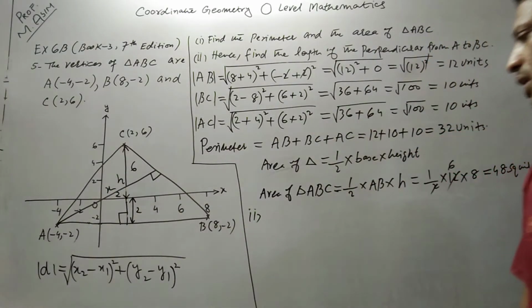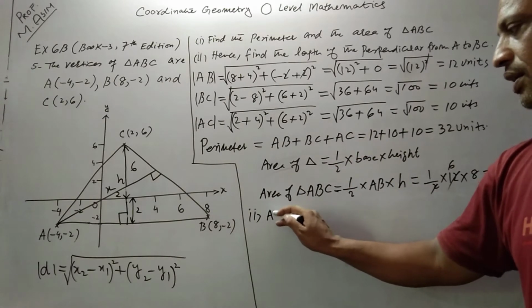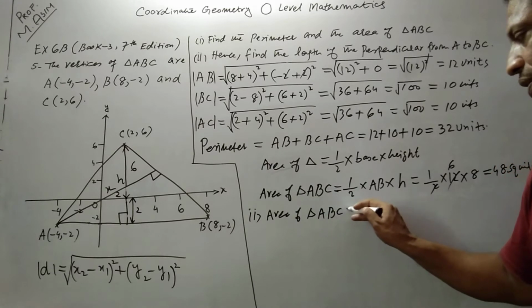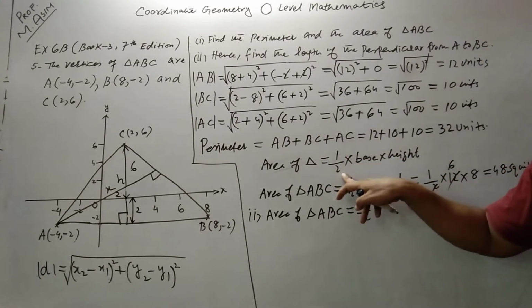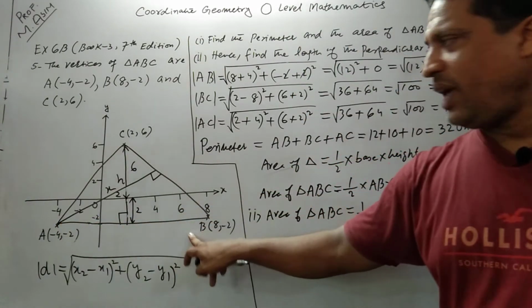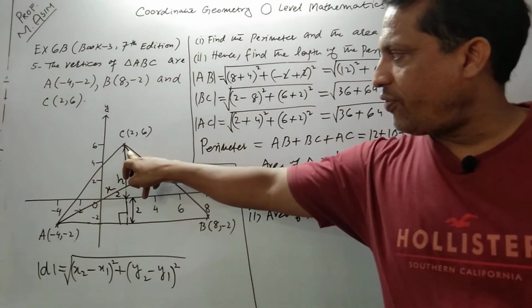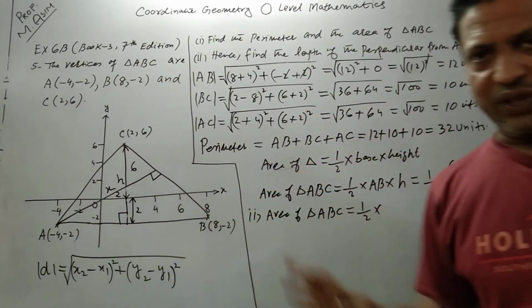Okay students, a very important thing is, if we find again the area of triangle ABC, half into, in the previous part we have taken base as AB and height as H, because the foot of the perpendicular must touch the base of the triangle.